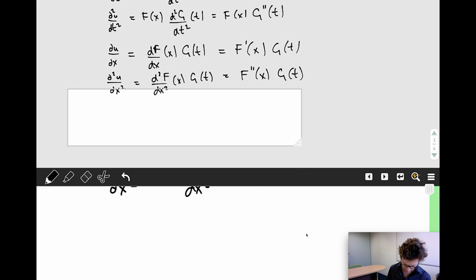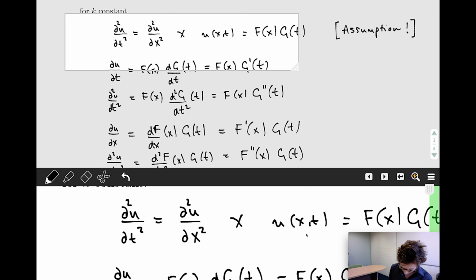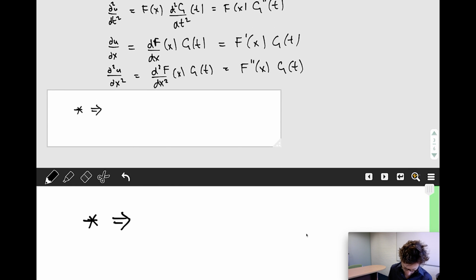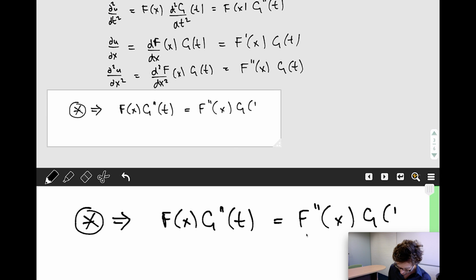So this implies that my wave equation, let's call it equation star, becomes f of x g double prime of t is equal to f double prime of x g of t.